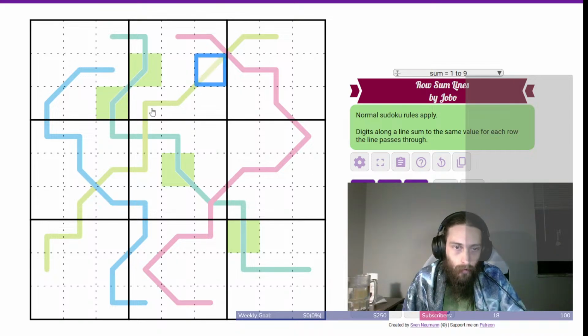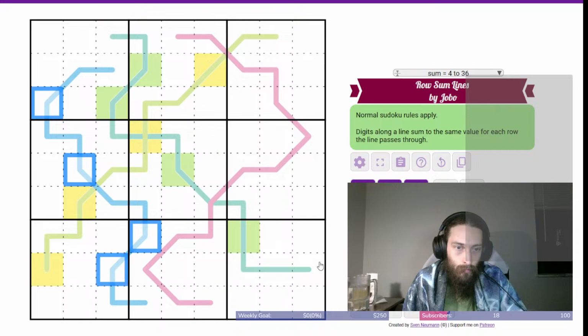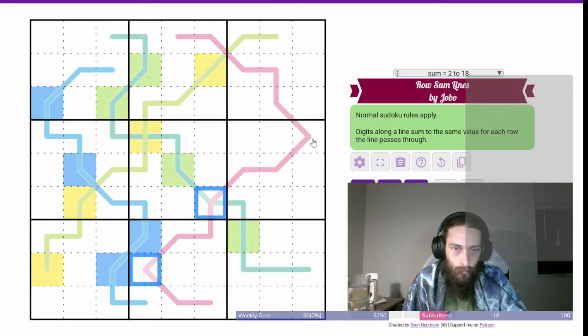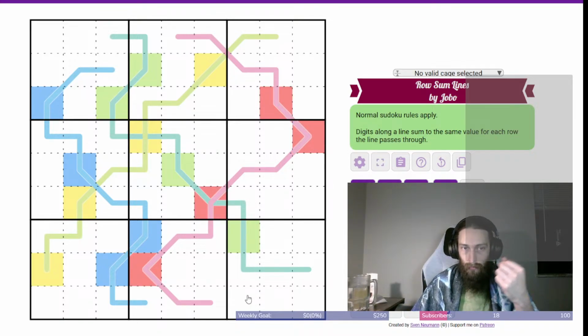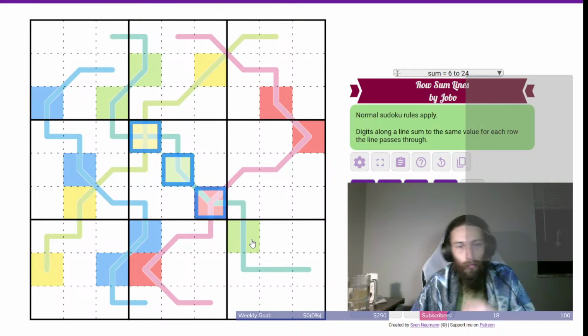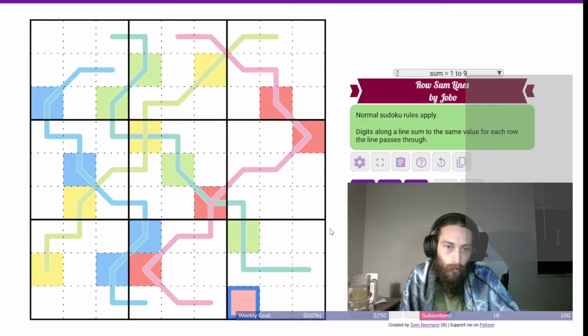Okay, so that's a single digit, that's a single digit, that one is, and that one is. Blue. Red. Okay, we know red and green aren't the same, so that automatically makes that red.